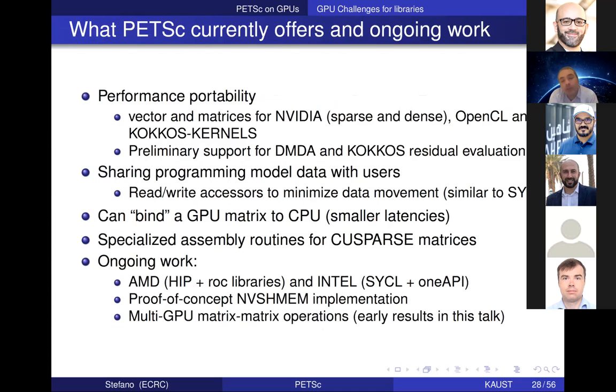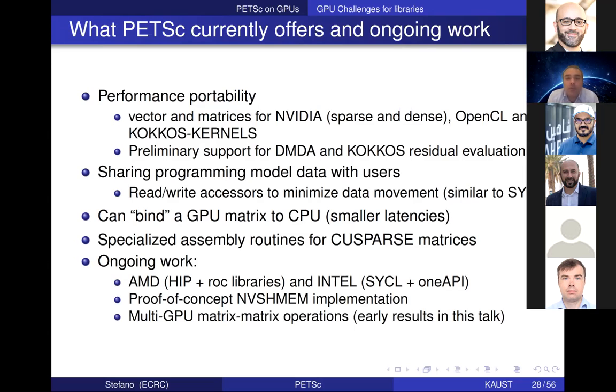So for example, when you want to access data in a vector, you have read and write accessors so that data movement is minimized. You can bind a GPU matrix to CPU when, for example, you have to perform operations that are dominated by smaller latencies, like, for example, solving multigrid at the coarser levels.